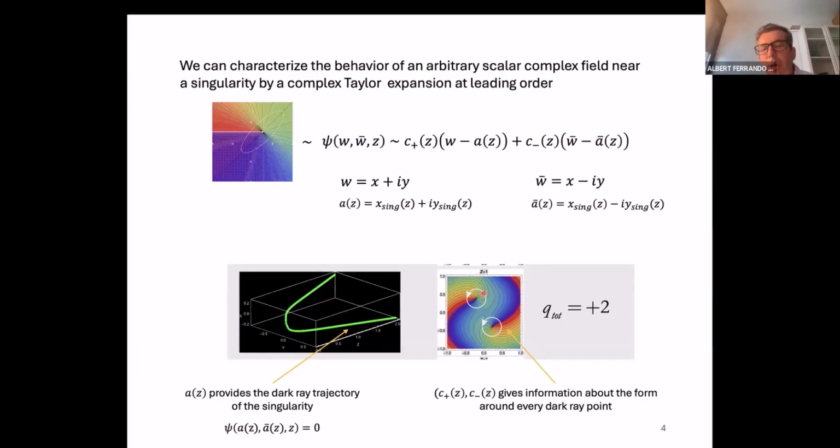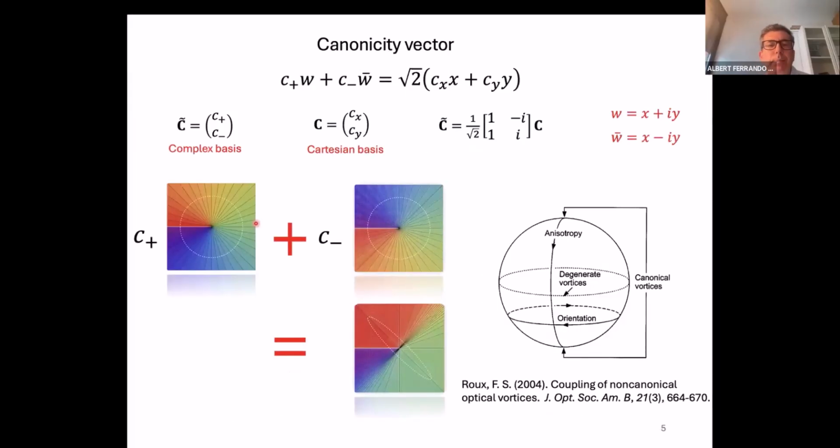But you see, the information about how the phase evolves around this is encoded in these coefficients, C plus and C minus, if we work in the complex basis. And the evolution of these will give us information about precisely the way the phase behaves surrounding this singularity.